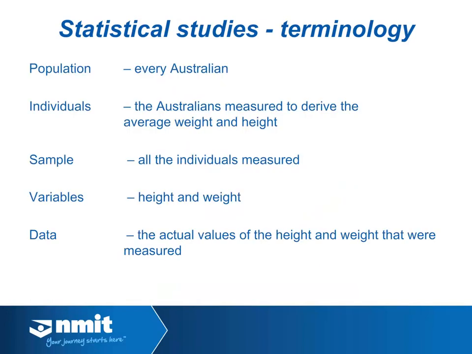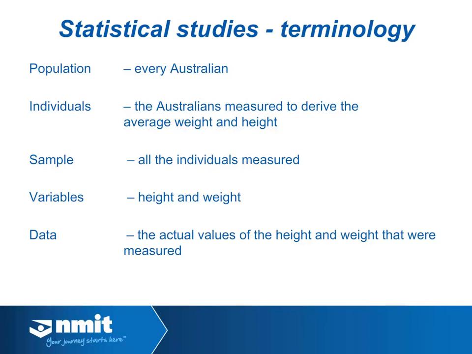So here we come to a list of these key terms and what they equate to in our example of the Australian Bureau of Statistics health study. A population, in this case, is every Australian. So the population is every possible unit that could be measured in the study.